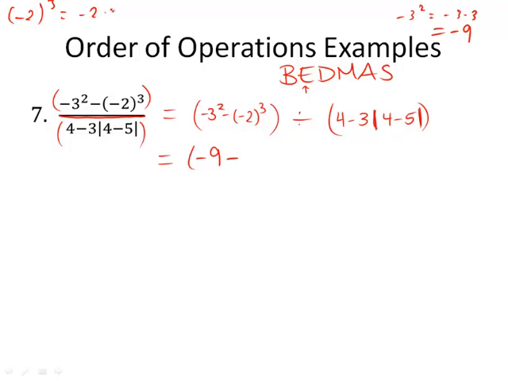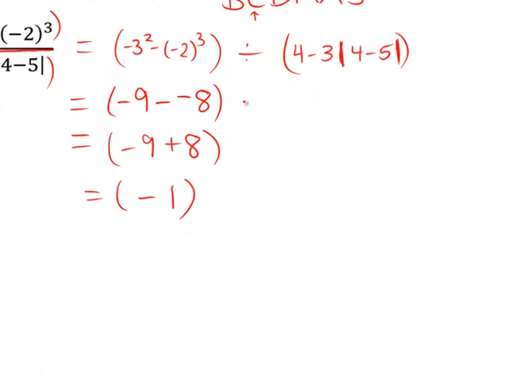Negative 2 times negative 2 times negative 2, giving us negative 8. So that's a negative 8 there. So now we have a double sign, which is negative 9 plus 8. A loss of 9, a gain of 8 gives us a loss of 1 still.